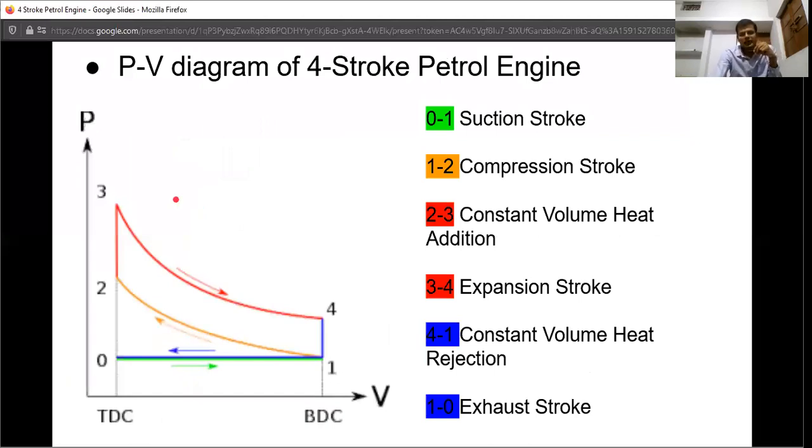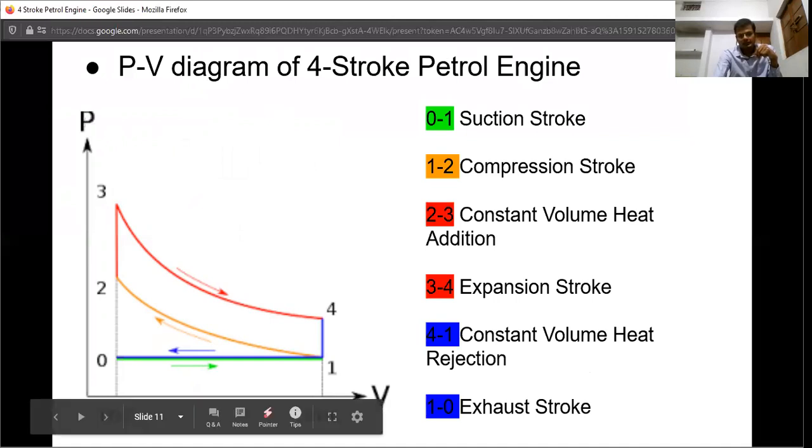This is the PV diagram of a four-stroke petrol engine. This diagram describes what occurs during each step on the PV diagram. This green line, 0 to 1, represents the suction stroke.